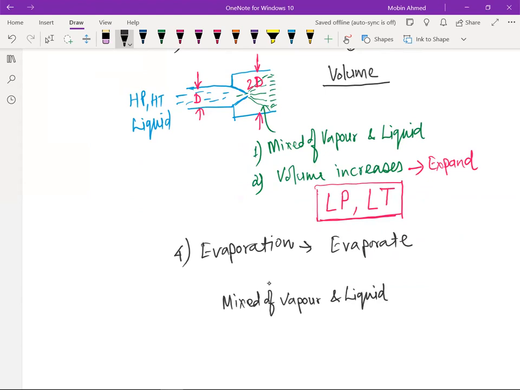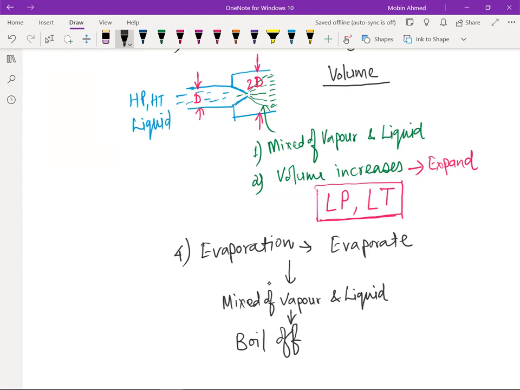Because it is having the low pressure here and low temperature, due to that, when it is going to pass through the evaporator, okay, it is going to boil off. This vapor and liquid especially, because these are tiny droplets, it is going to boil off.